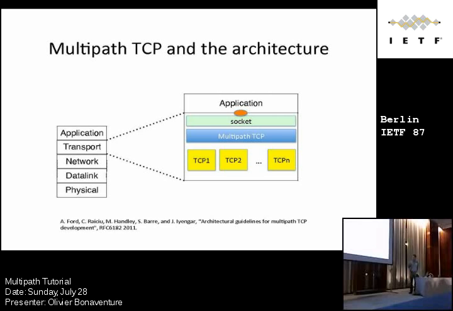A multipath TCP connection will be composed of multiple subflows, and these different subflows will be combined together by using the glue, which is multipath TCP. So multipath TCP is nothing more than, between brackets, a manager of TCP subflows. And the number of TCP subflows that we use to send data is dynamic, and it can change over the lifetime of a multipath TCP connection.